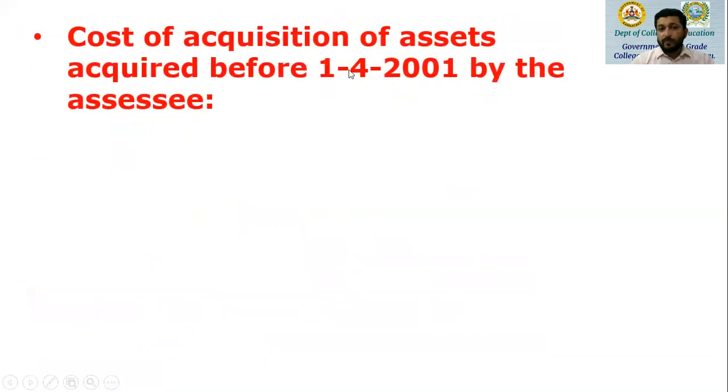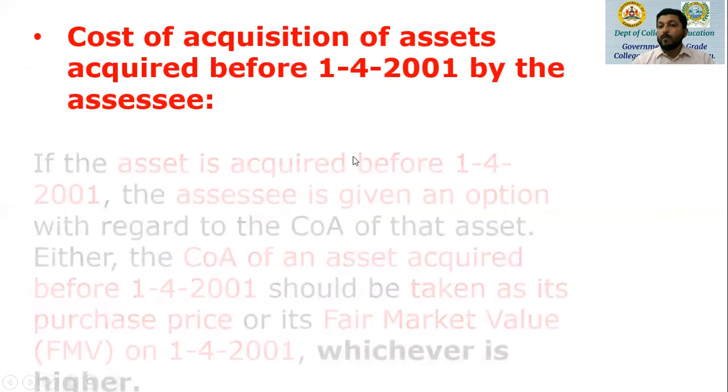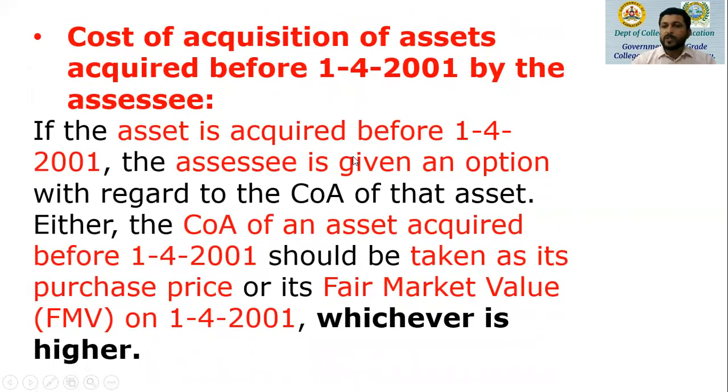Next, we have cost of acquisition of assets acquired before 1/4/2001 by the assessee. I just mentioned about it. Suppose the assessee has acquired the property before 1st April 2001, that is, before the base year of CII. In that case, the assessee is given an option to choose what should be his cost of acquisition. He can choose any one of the two.